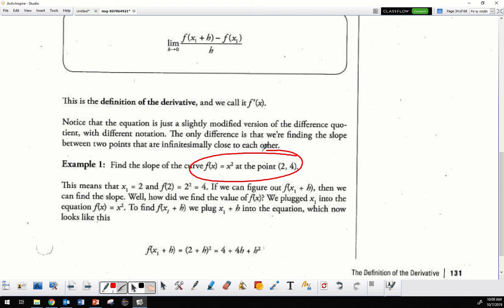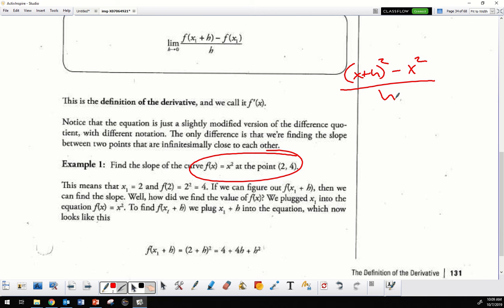If I plug it into this, every place I see x, I'm going to put x plus h. So, (x plus h) squared minus f of x, which is just my function, x squared, all over h.